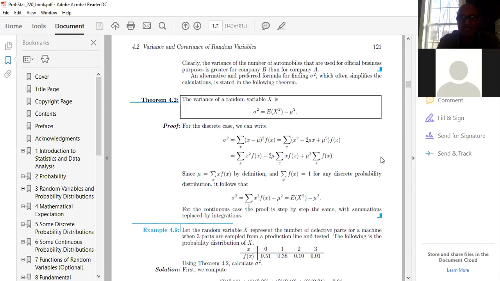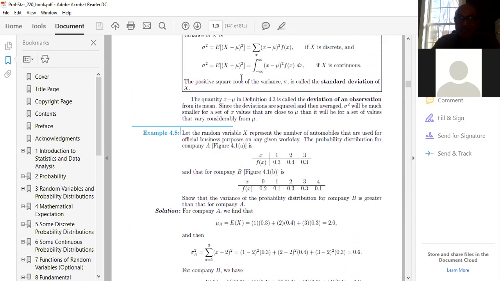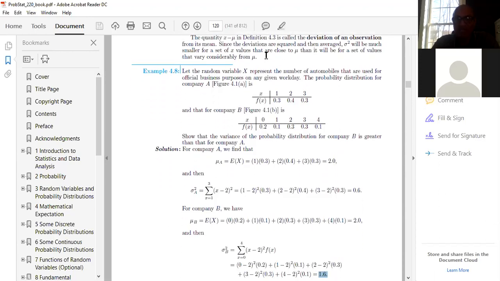There is another way of getting the variance. That definition is exactly the same as this definition, but we can generate a simpler form based on the first definition.